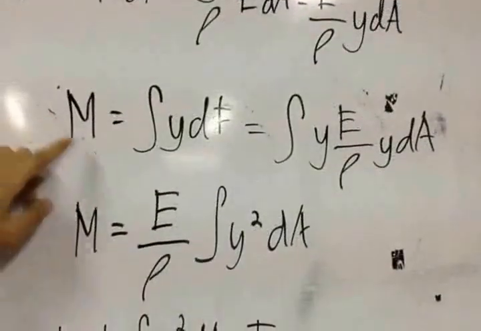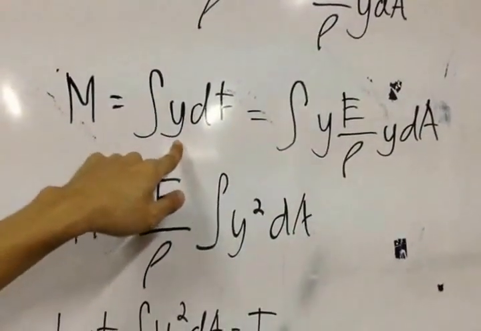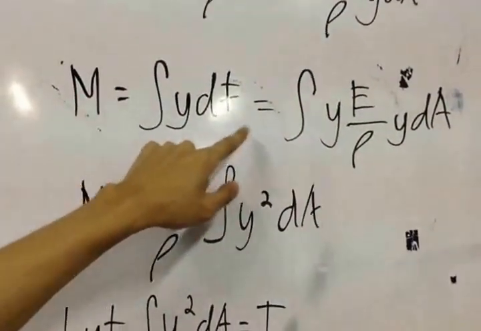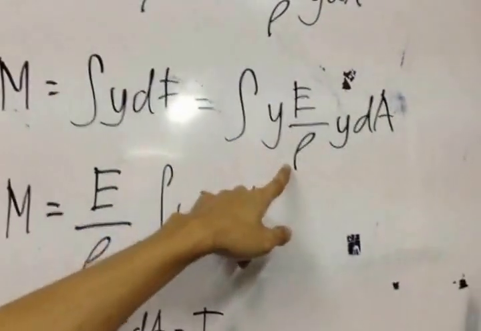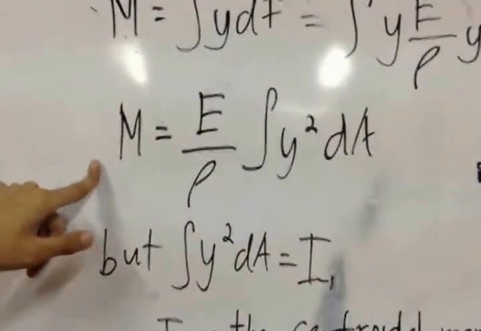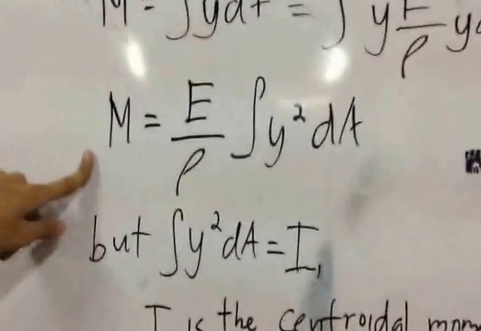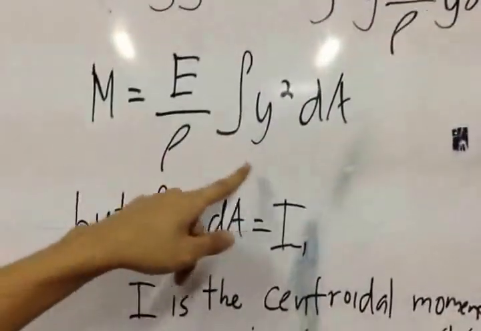So the bending moment is equivalent to the integral of y times the force acting over the area, equivalent to the integral of y times the modulus of elasticity over rho times y times differential area. So we can get this equation: the modulus of elasticity divided by rho times the integral of y squared times differential area.